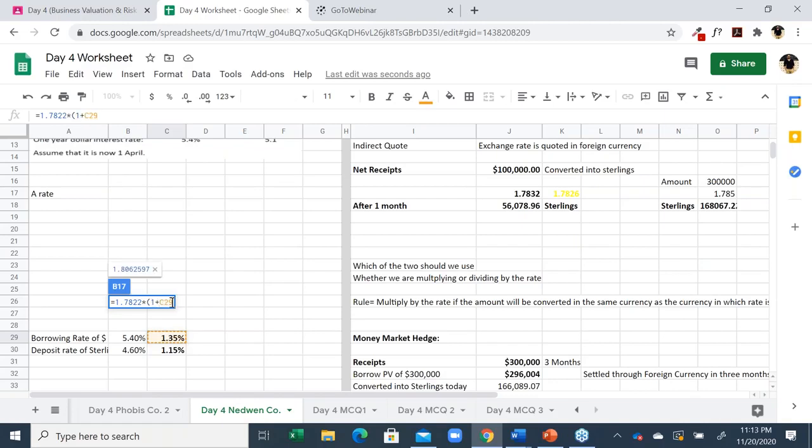So that's the numerator. Why did I pick the dollar rate? Because the exchange rate was quoted in dollars. Now divide it by 1 plus R, the other rate, which is 1.15. So that's the rate which we call the effective rate.